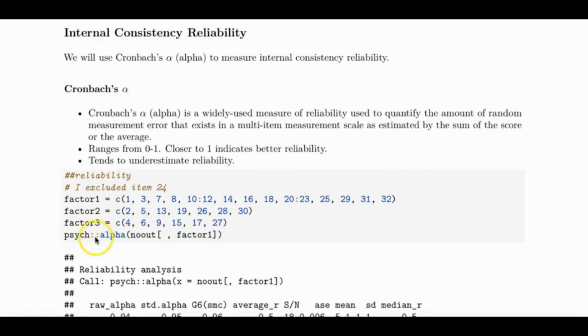So this little double-colon thing that I have going on, it would be the same if I type library parentheses psych and then I type the function. It just does the same thing as typing library. For some reason, R has moved on away from just typing library. We type less and less, and now we use the double colon.